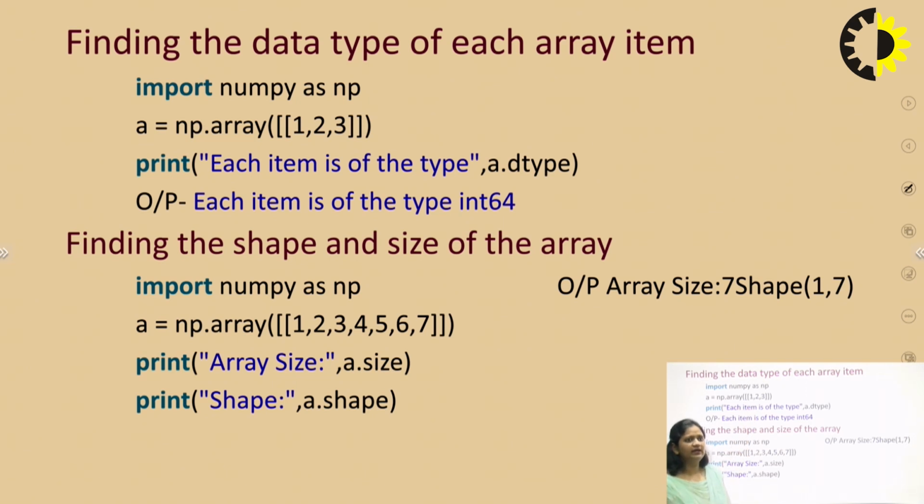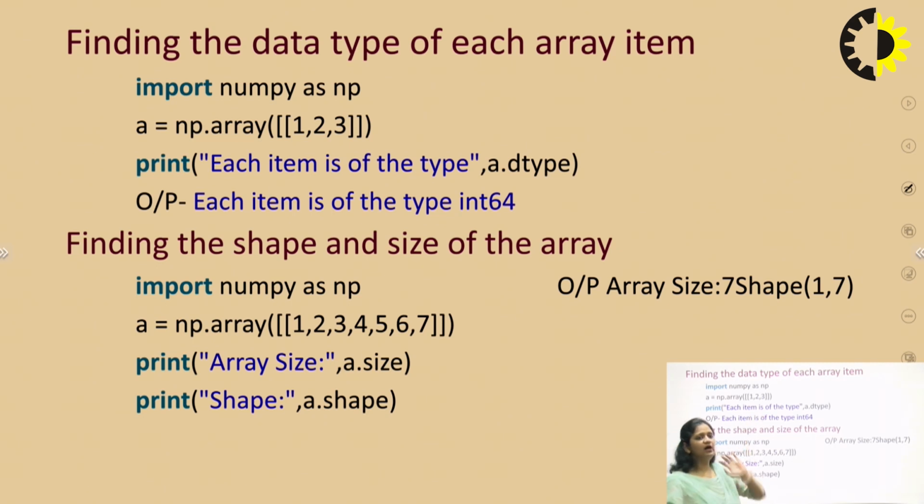It can be either one dimension or two dimension. In our case, it would be a one dimension array object. Then np.array([1, 2, 3]). We create a list in which there are 3 elements 1, 2 and 3. In the second step, we have already created an n-dimensional array object. Now print, each item is of the type.